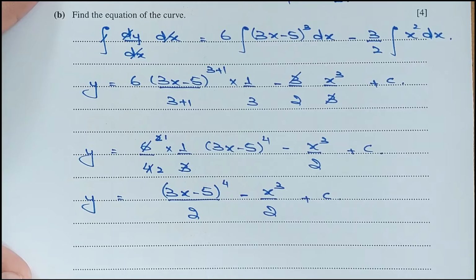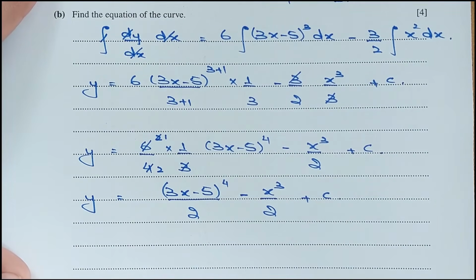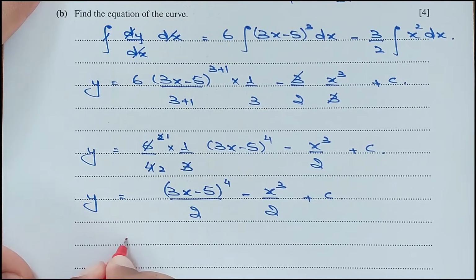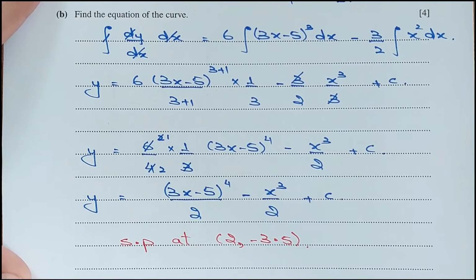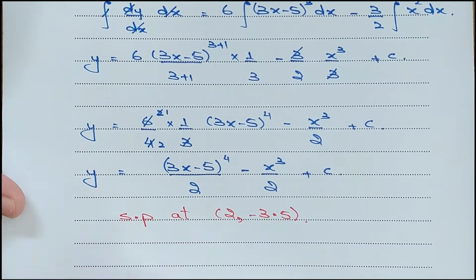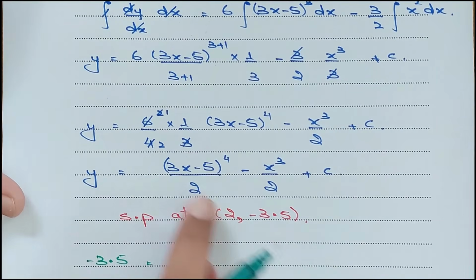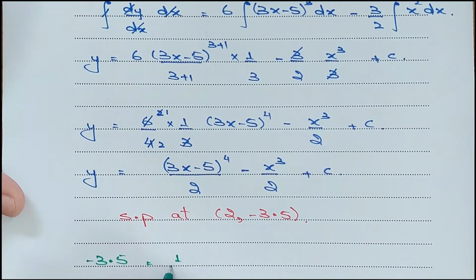Okay, how can we solve for the c value? To get the c value, we have to use the condition that we have a stationary point at (2, minus 3.5). Okay, so for the stationary point, let me substitute y, which is minus 3.5. 2 times 3 is 6, 6 minus 5 is 1, 1 by 2 minus 2 cube is 8 over 2 plus the c value, right?